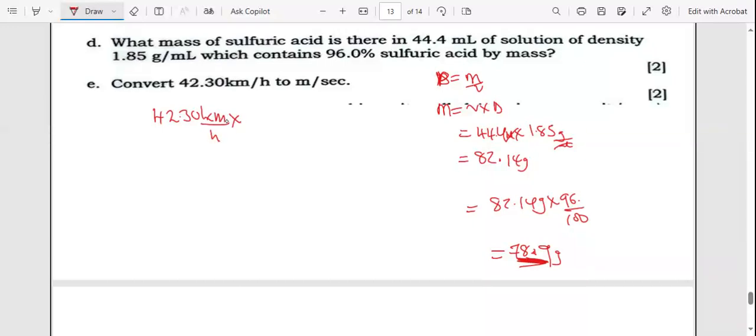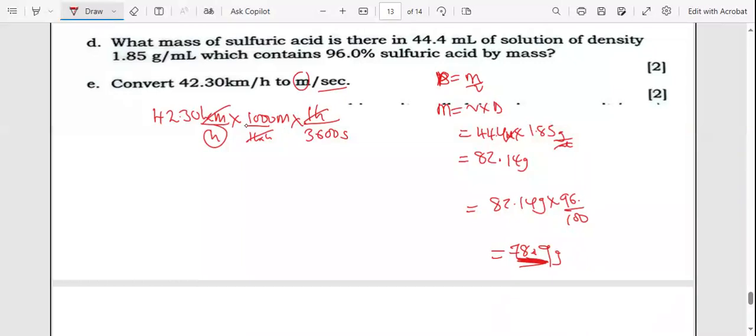Okay, so for this one I will eliminate by saying 1 kilometer, because they have specified we need to take it into meters. 1 kilometer is equal to 1,000 meters. Okay, so it means this and this has gone. Then times again this hour, I'll say 1 hour is equal to how many seconds, which they want, is 3600 seconds.